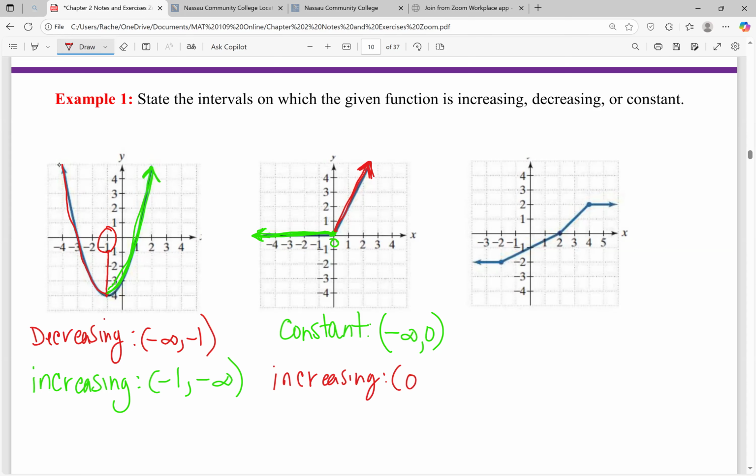Now I want you to see something, so in green, I'm going to choose -1. I know x has to be strictly greater than -1, but let's use -1 because I want you to see something, and I'm doing it in a different color for a reason. If I plug in -1, -1 minus 2 is -3. So I would get the point (-1, -3).